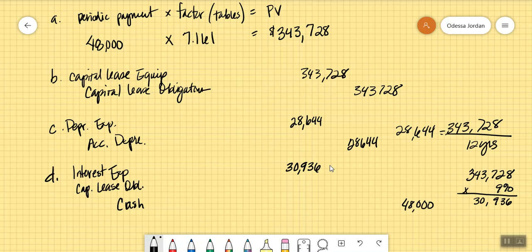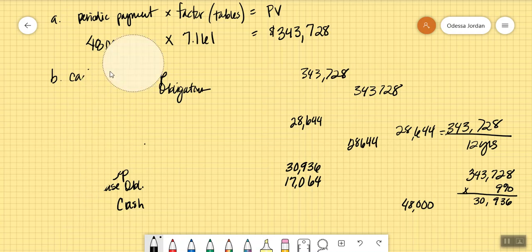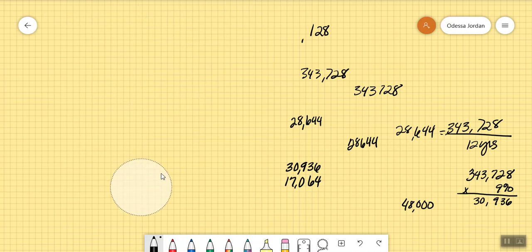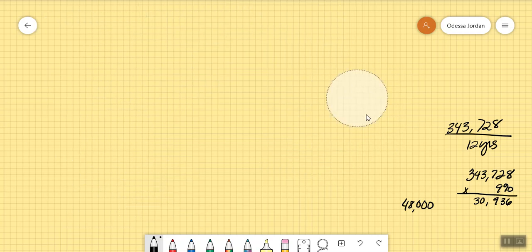All right, so the difference between the 30,000 and the 48,000 is $17,064, and that's what's going to be debited to the capital lease obligations. In year two, which I don't have enough room, so I'm going to have to erase this.